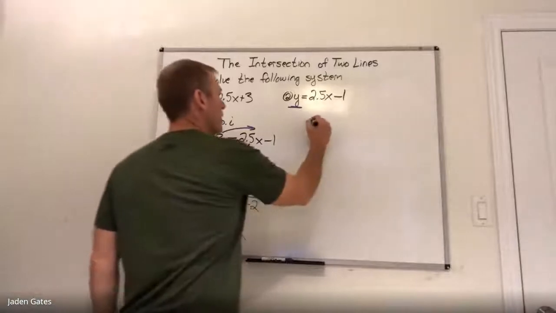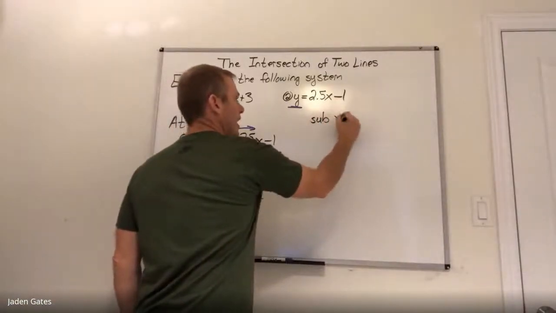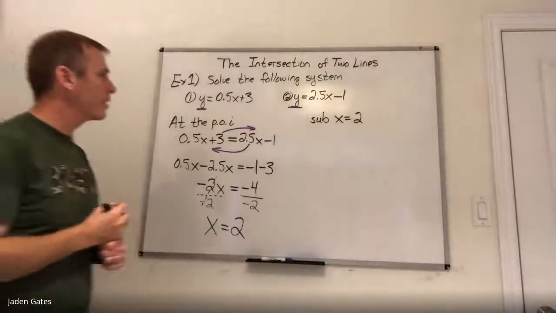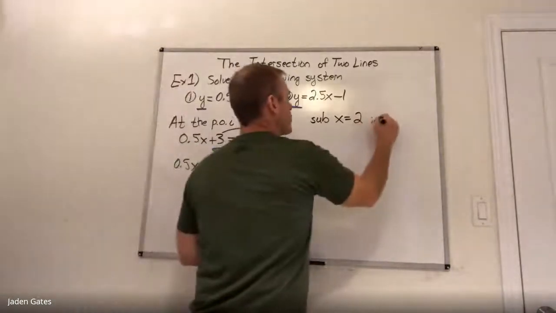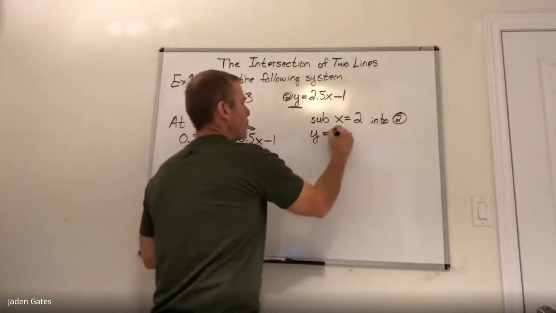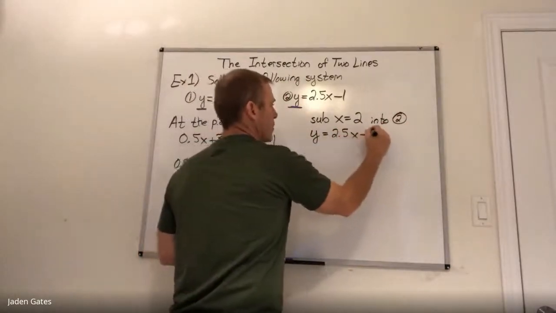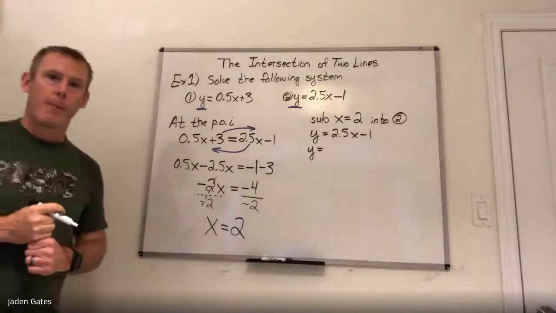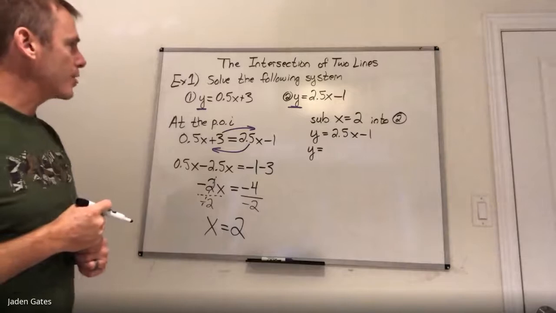So I'm going to sub x equals 2, because that's the x coordinate of my point of intersection, into equation number 2 this time, which is y equals 2.5x minus 1. Again, I know that my x value for the point of intersection is 2.